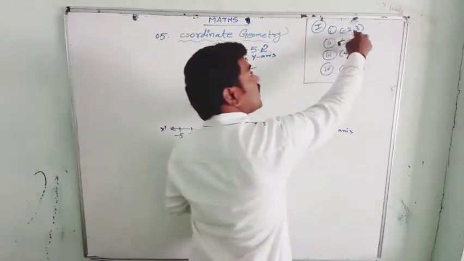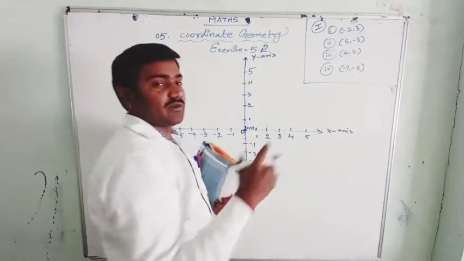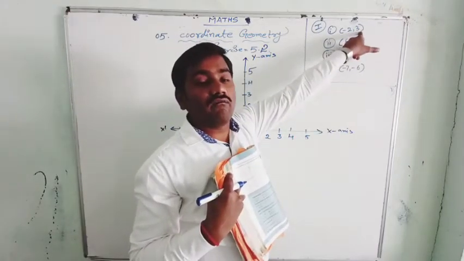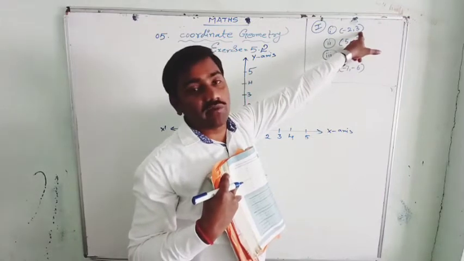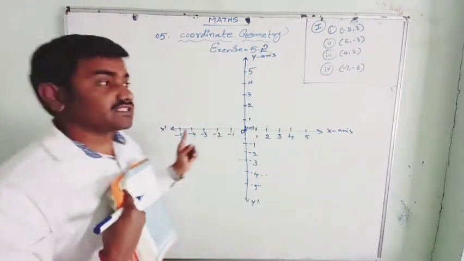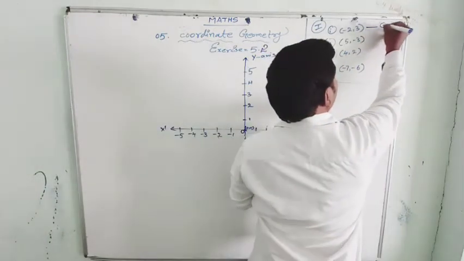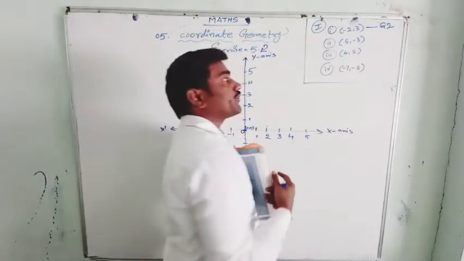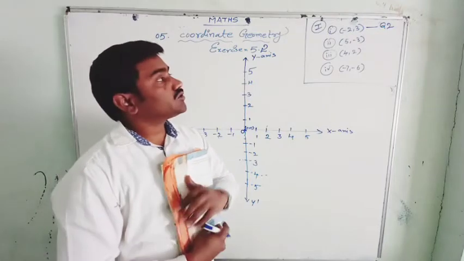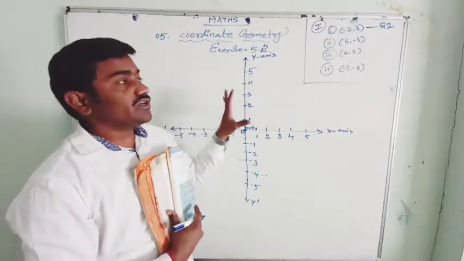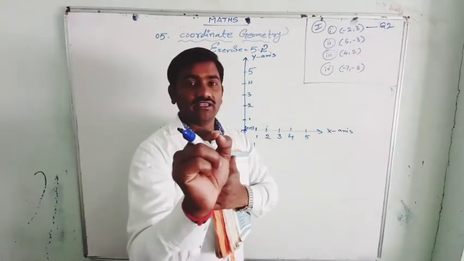Where are minus and plus? See, the x coordinate value is minus and the y axis value is plus. Minus and plus, where does it lie? In quadrant number 2, in Q2. So that point is lying in quadrant number 2. We did not ask you to locate the point.